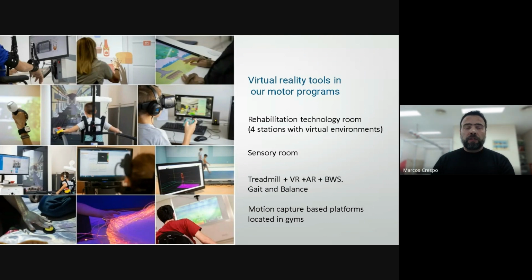We have a lot of tools, a lot of setups with virtual environments, that include a rehabilitation technology room with a group of stations or workstations, all with virtual activities, a sensory room where we have one version of Nirvana. Also, we have a treadmill with virtual reality, augmented reality, and body weight support for rehabilitation of gait and balance.